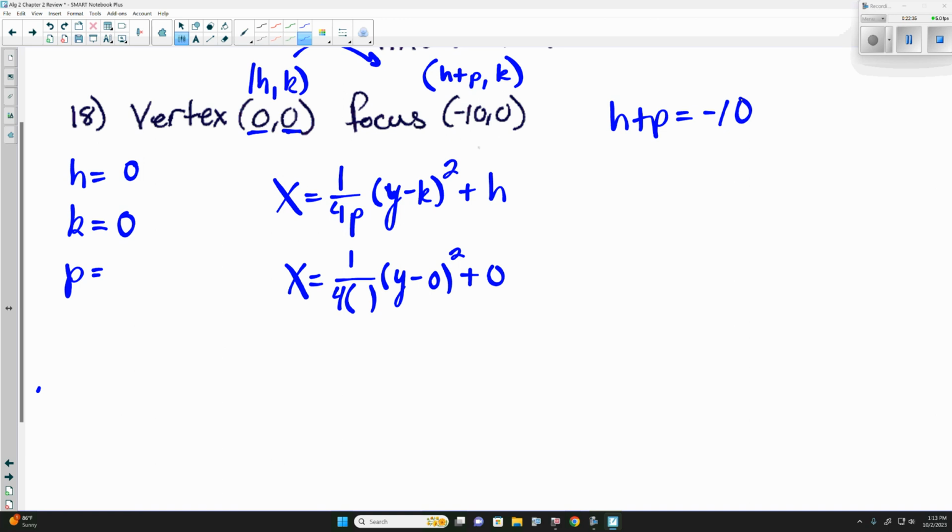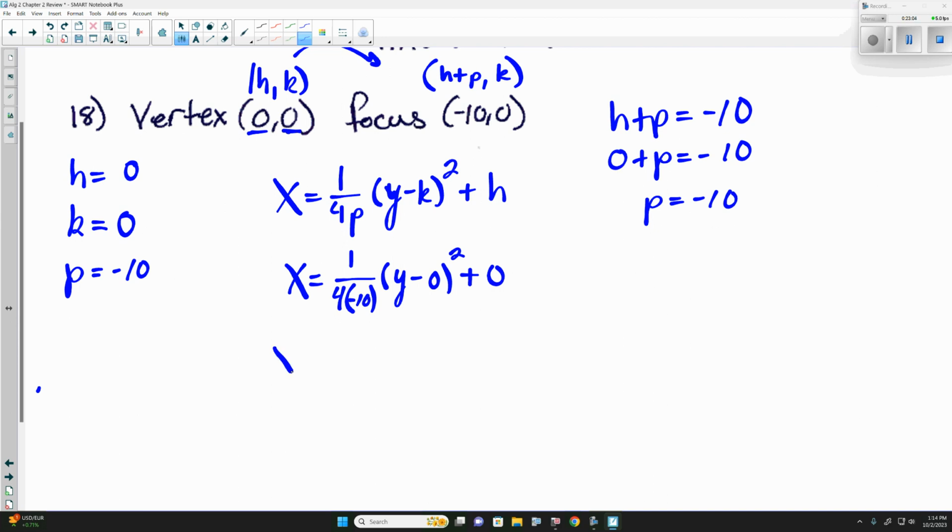For all these here, h is indeed 0, so it's just saying p is negative 10. And that does work. That's also why in section 2.31 it gave us that 0 comma p value, or negative p for the directrix.